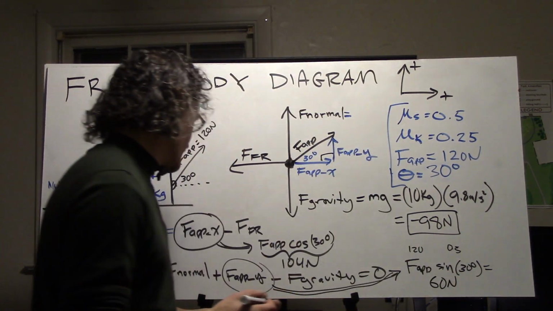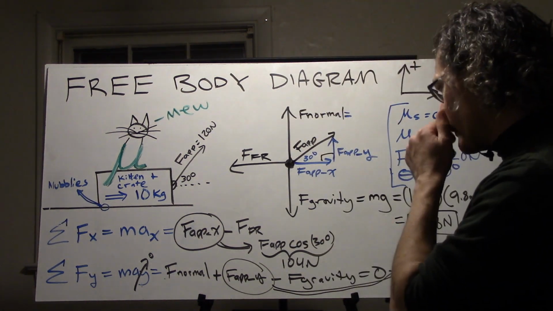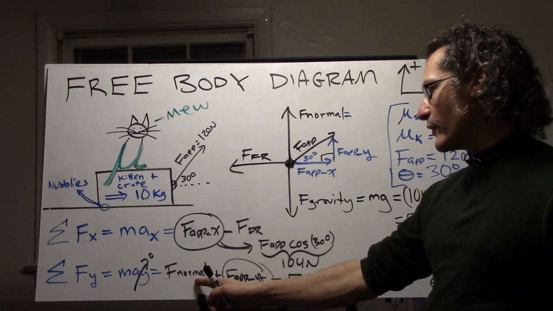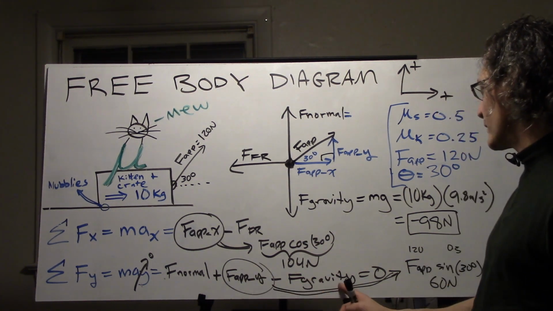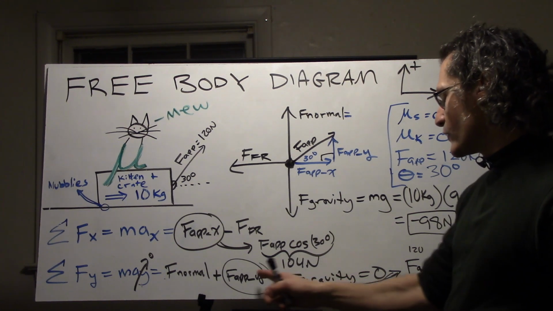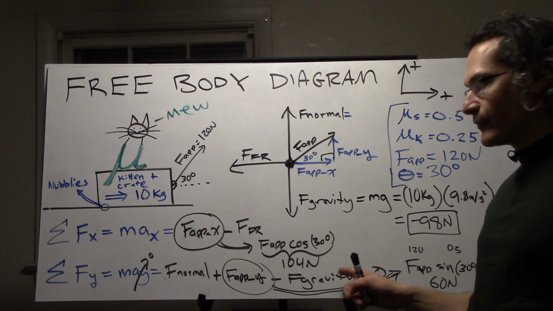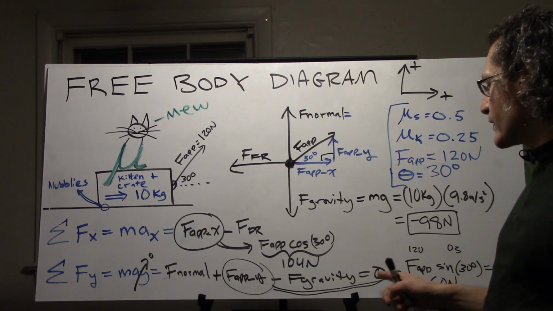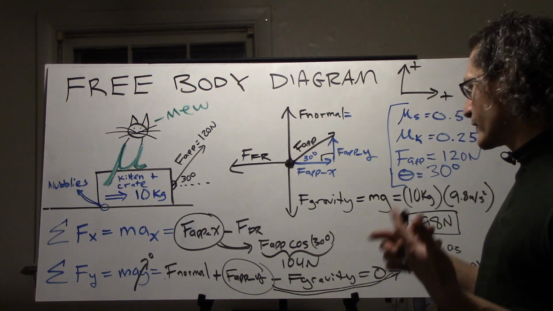So let's take a look at what's happening over here. All right, so I've got force normal, which I don't know yet. I've got force applied y, which is 60 newtons, and the force of gravity, which is 98 newtons, but this is negative over here. So this becomes force normal minus 38 equals 0, and force normal would then equal 38 newtons.